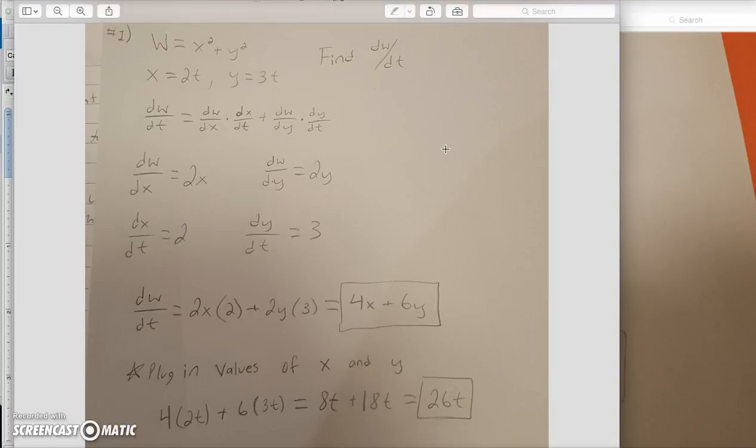That's simply done just by plugging in the values of x and y, which at the top was shown as x equals 2t and y equals 3t. So you plug those in, and the change in w with respect to t turns out to be 26t. So that's how you would go about using the chain rule to find the change in w with respect to t, by using the formula.